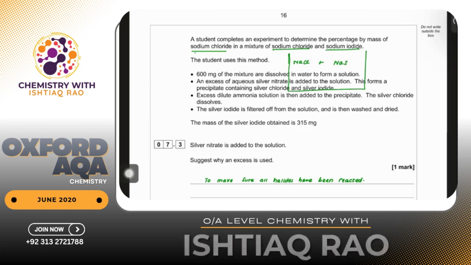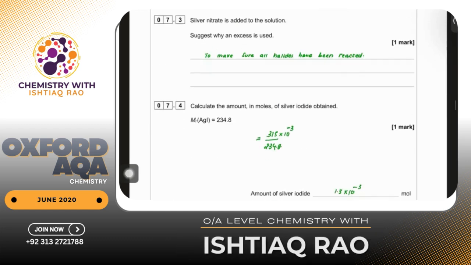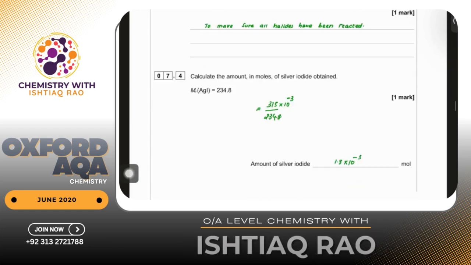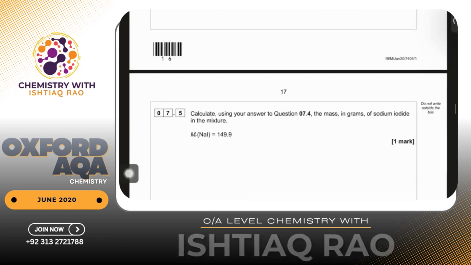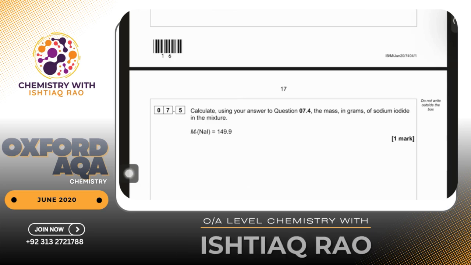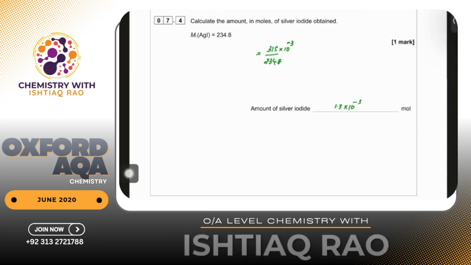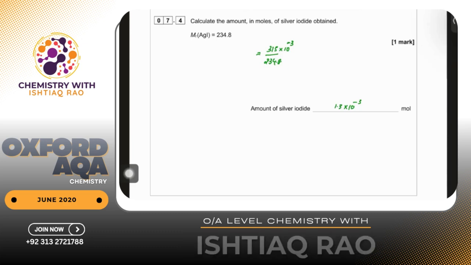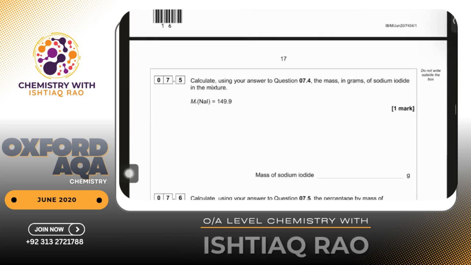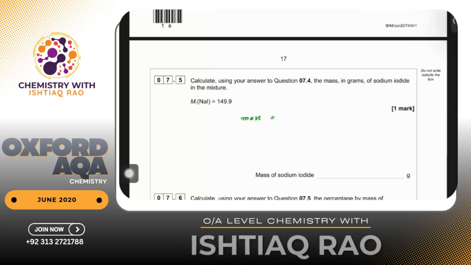So the ratio is 1:1. They are asking the mass in grams of sodium iodide. Since the ratio is 1:1 between the moles of silver iodide and the moles of sodium iodide, I would be using the same mole ratio. So mass is equal to moles times molar mass.